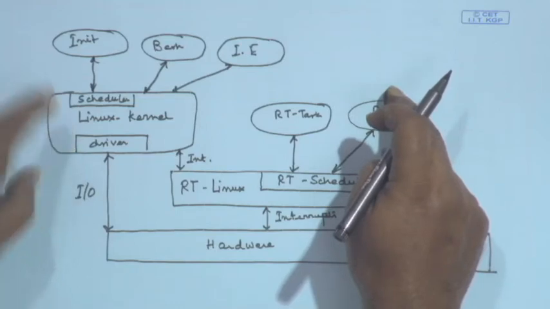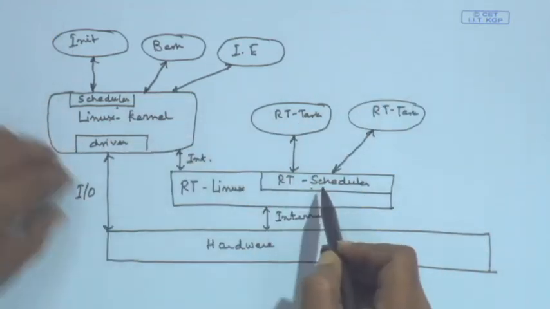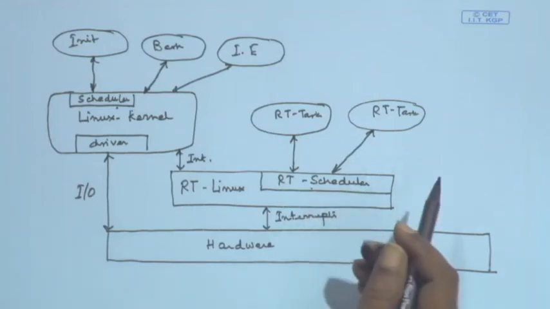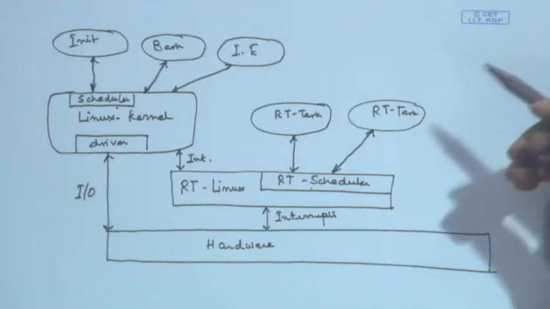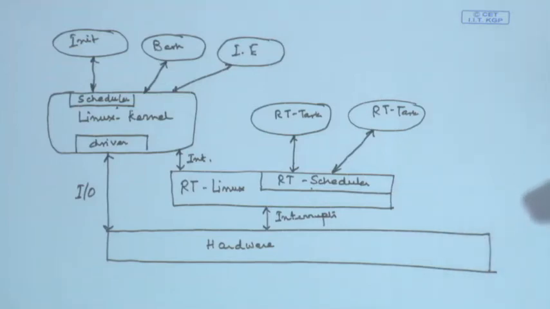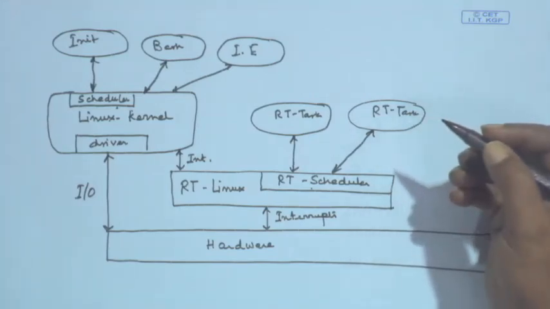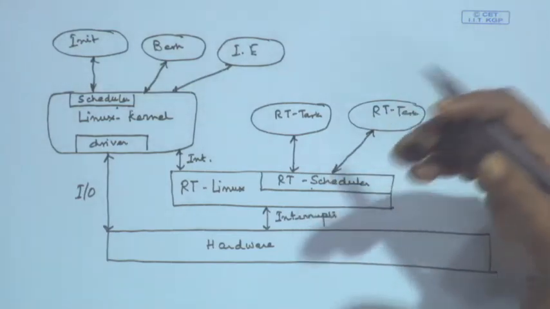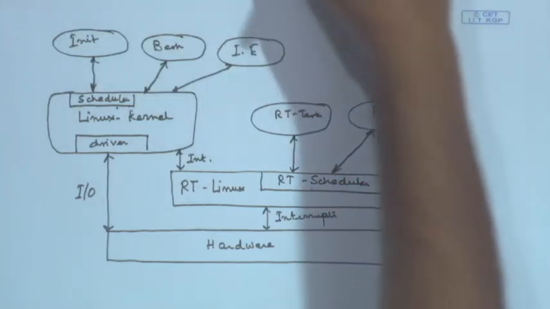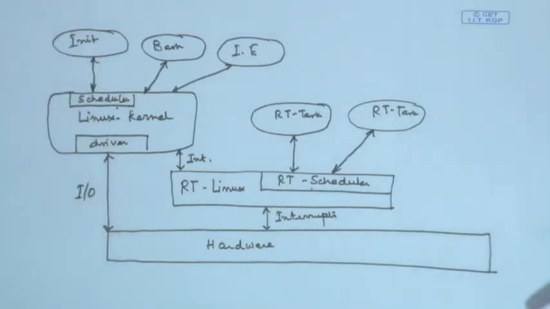All right. So, here I have got a separate scheduler for both of them. The reason for having a separate scheduler will be evident soon, maybe in the next couple of lectures, when we will see that the scheduling policies that we are familiar with in standard OS are not always applicable for real time operating systems.